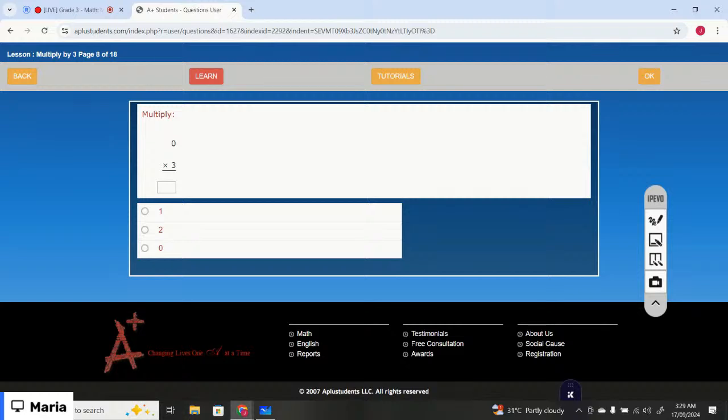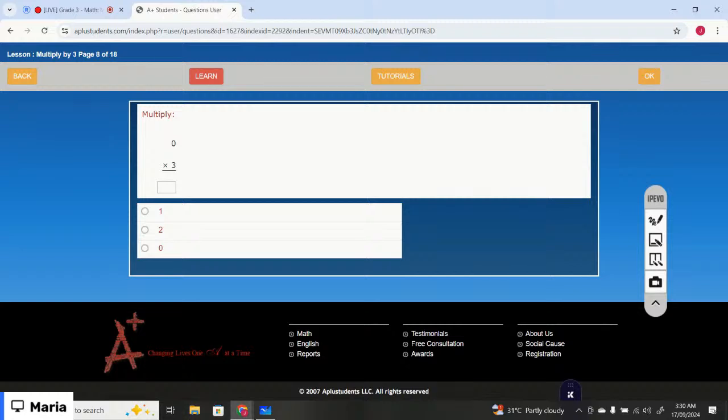0 times 3, which is the correct option? That is 0.